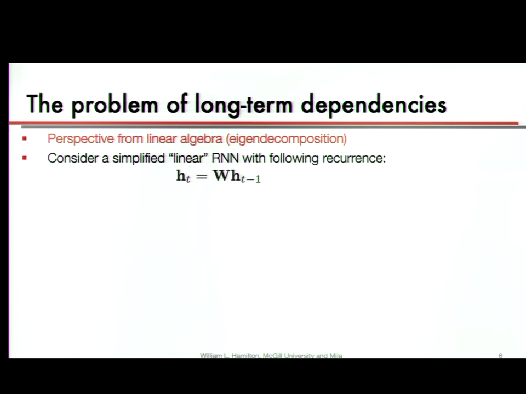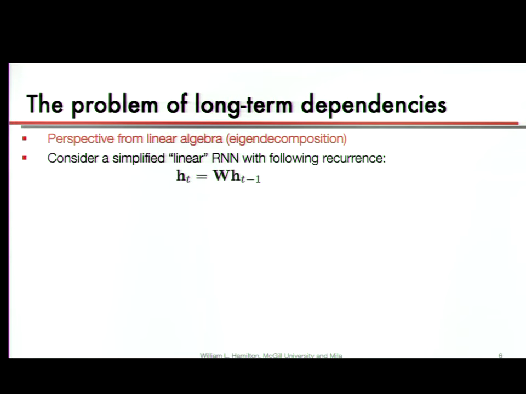So pretend for a moment that we're living in a simple world with no activation functions, just to give a more concrete mathematical intuition for what happens when we multiply a matrix by itself over and over. So we have a simple linear RNN. This is an RNN where the hidden state at time step t is equal to some weight matrix W times the previous hidden state.